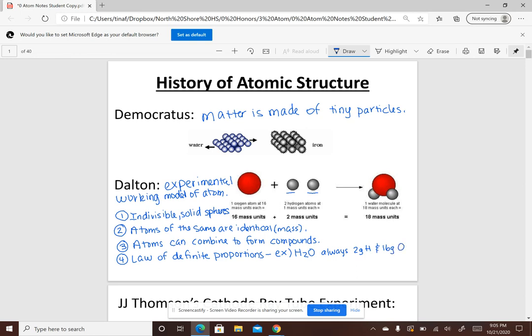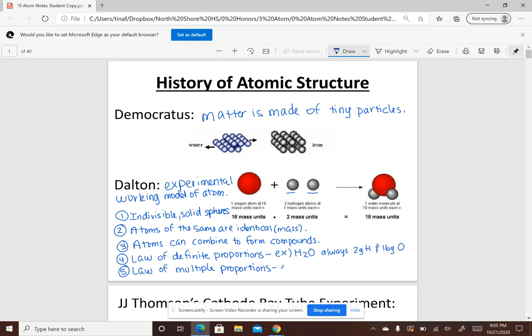Okay? Now, to talk about what we said before about changing the ratio, he also stated the law of multiple proportions. So that was basically saying that the number of atoms in a compound can change, but that's going to give the compound a different identity.